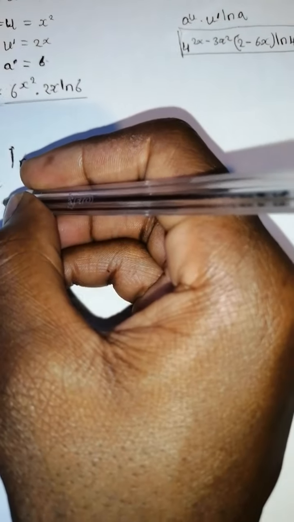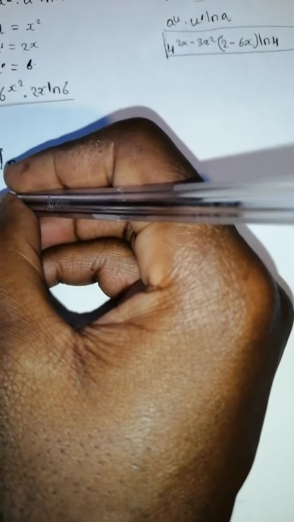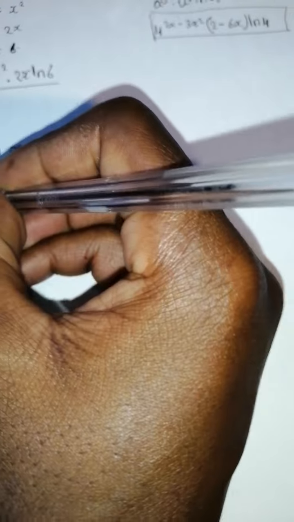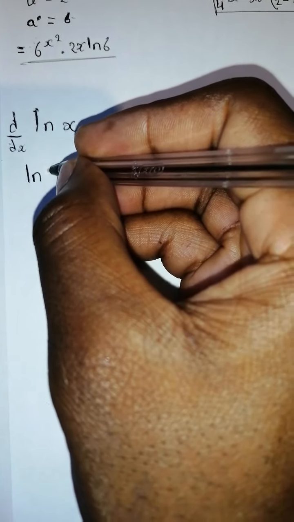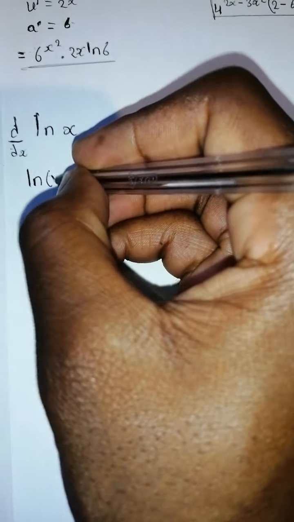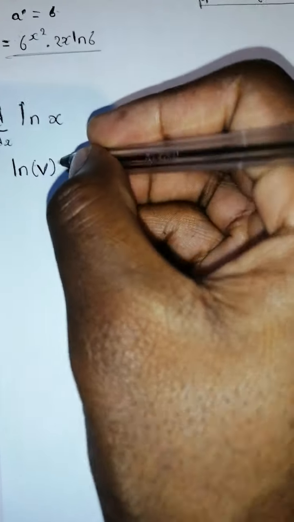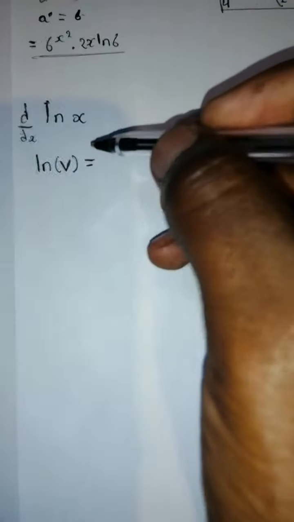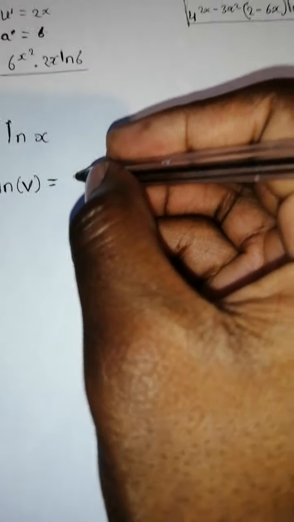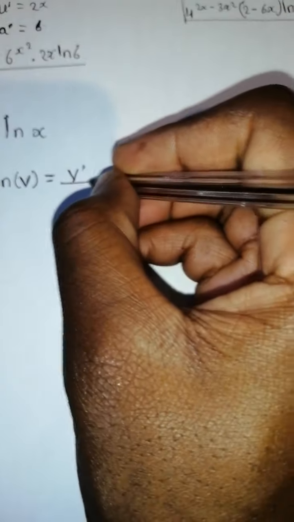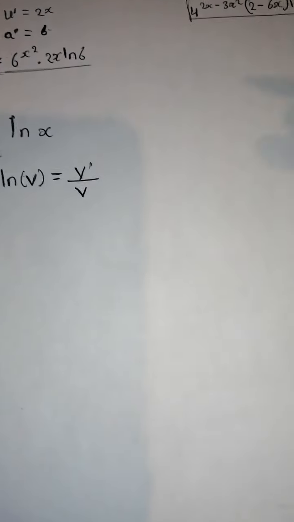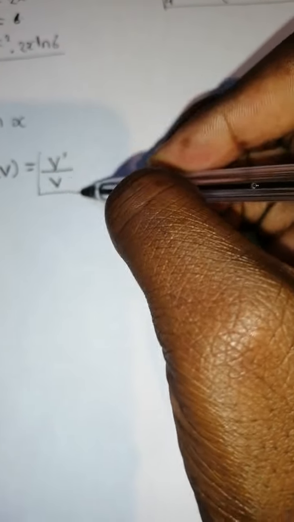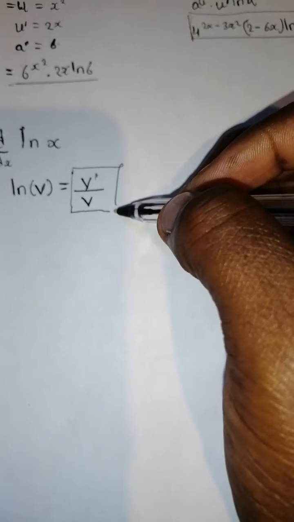If we have, let's say in this case ln x, or just ln v, the formula will be v prime over v. So the formula is v prime over v for natural logs.